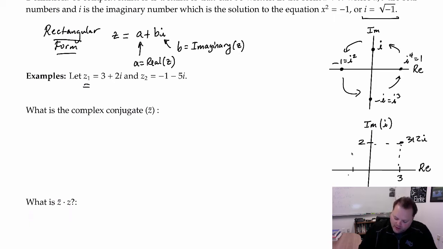Similarly, -1 and -5 would give you the point -1 minus 5i, which is z2.